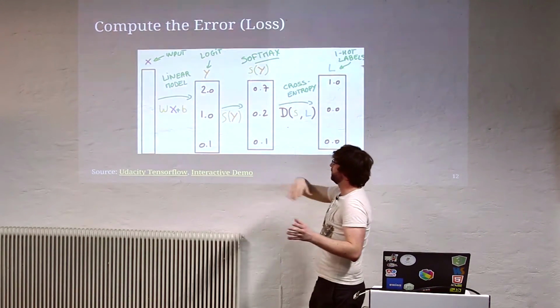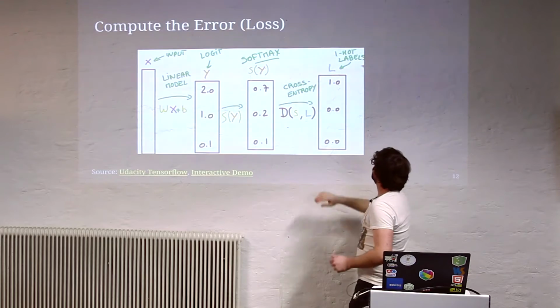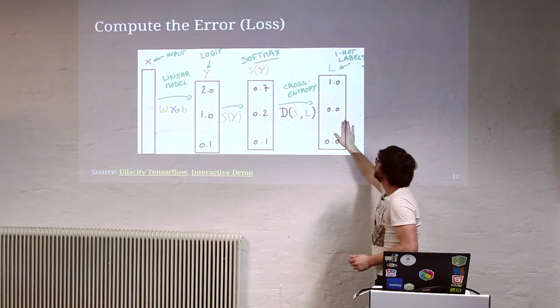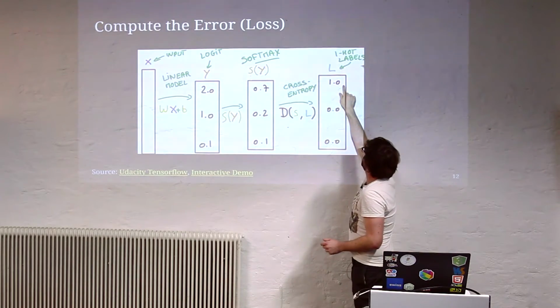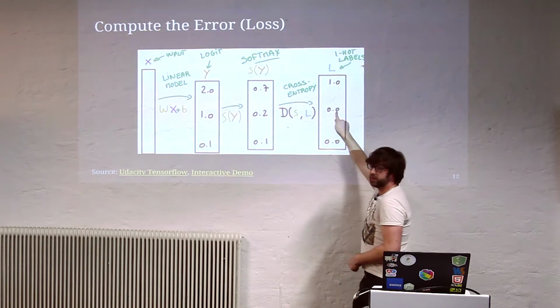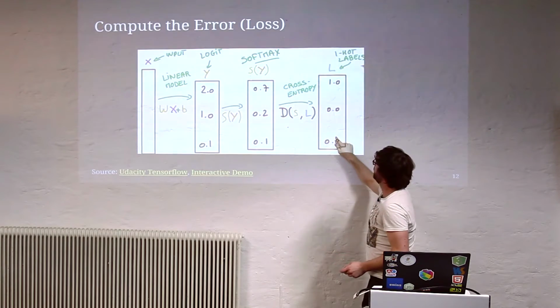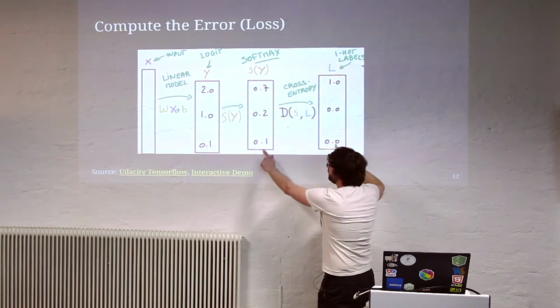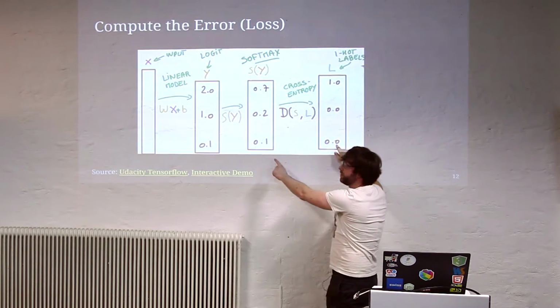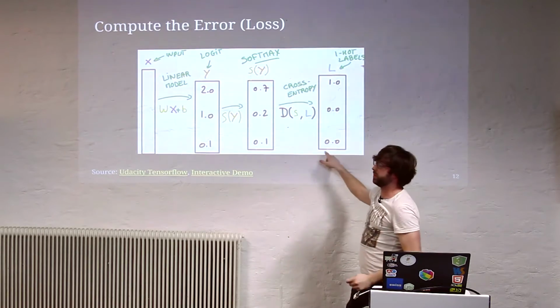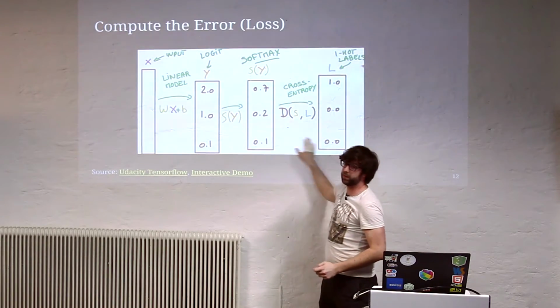So let's say you wanted to predict that the thing is a cat. So you have here a vector with the proper answer, which says 1 is a cat. So this is the correct answer. It says it's a cat, and it's not a dog, and it's not a cow, for example. So here's a 1, and the others are 0. So then you need a function that takes these two things and computes the error. So it tells you how accurate this prediction is.